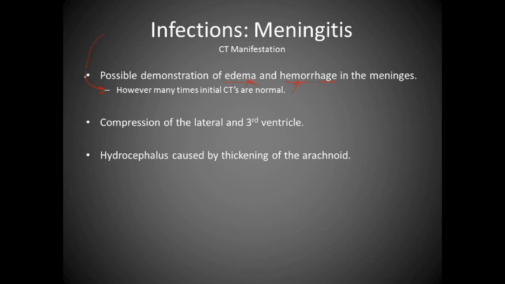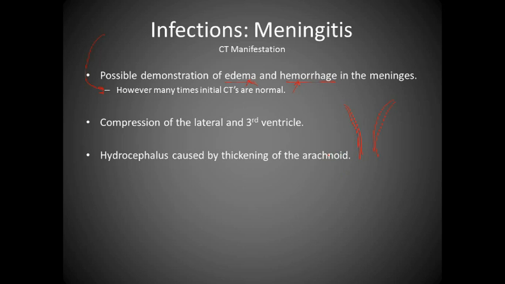However, as time progresses, we see possible compression of the lateral and third ventricles, which we've already reviewed what they look like. And so what we mean by compression is that you see the horns of the lateral ventricle coming in something like this. And compression might mean that instead of looking nice and wide, the ventricle looks something like this.